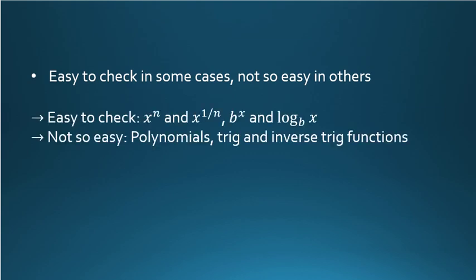A couple of examples where it is fairly straightforward to check: if you have x raised to the nth power, its inverse is x raised to the power 1 over n. If you have b to the power x, its inverse is log base b of x. And it's pretty easy to actually do the calculations and find that the left and right hand sides are equal.